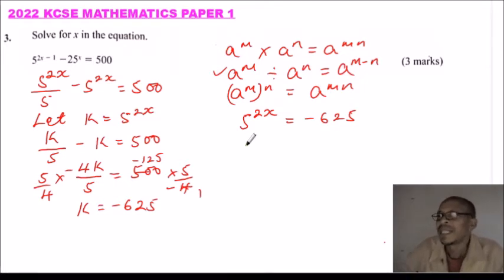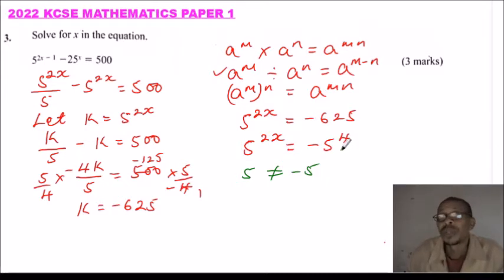So we can write this as 5 to power 2x is equal to minus 5 to power 4. So you see, for us to equate the indices, our base must be equal, but our base here is 5, and 5 is not equal to minus 5, therefore we cannot equate.